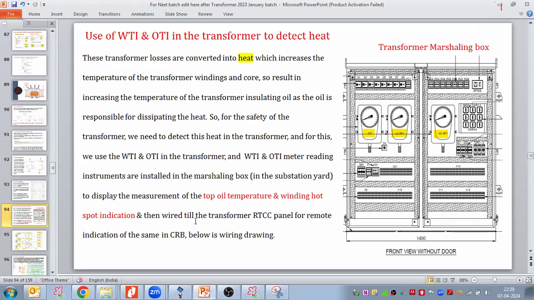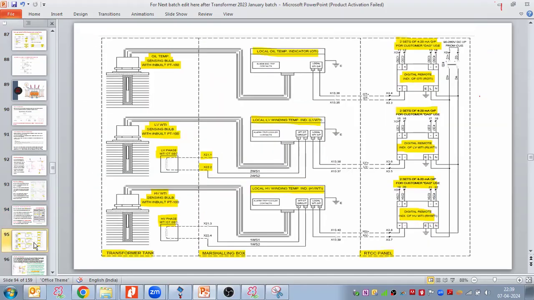Then this WTI and OTI are wired with cable till the transformer RTCC panel. From the RTCC panel, we are taking cable for remote indication of the temperature inside the control building, and we can see the wiring diagram as well.